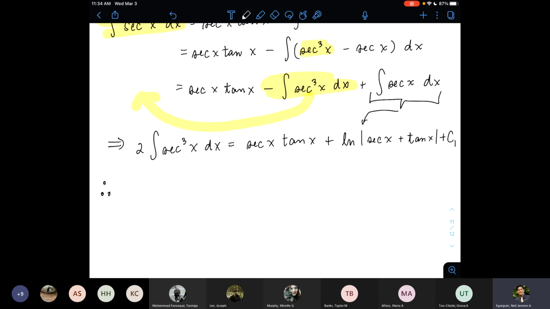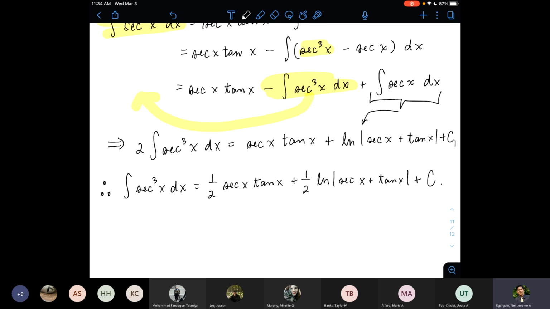And then we can divide both sides by 2 to get this: 1/2 secant x tangent x plus 1/2 ln of the absolute value of secant x plus tangent x plus the constant c.